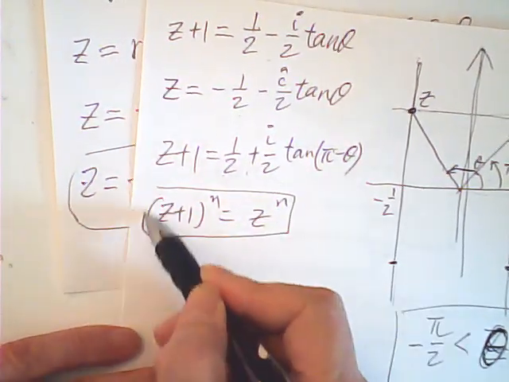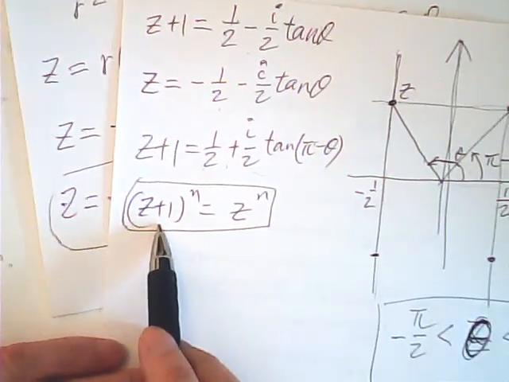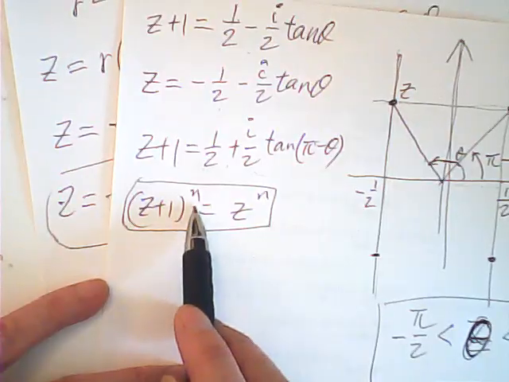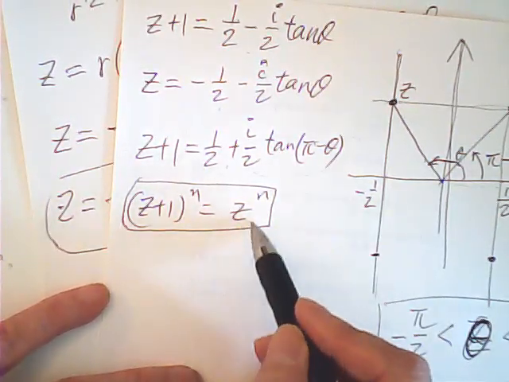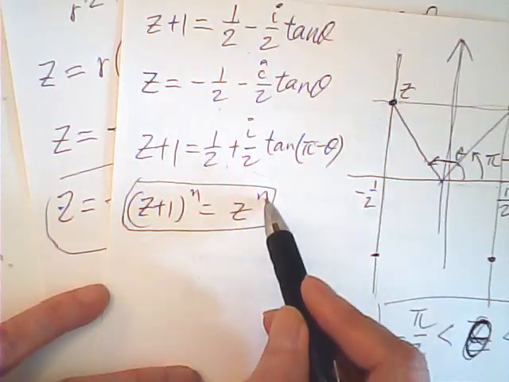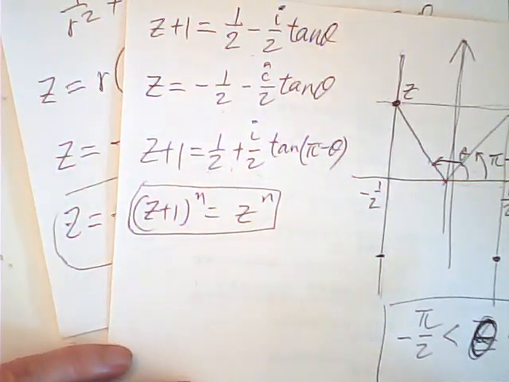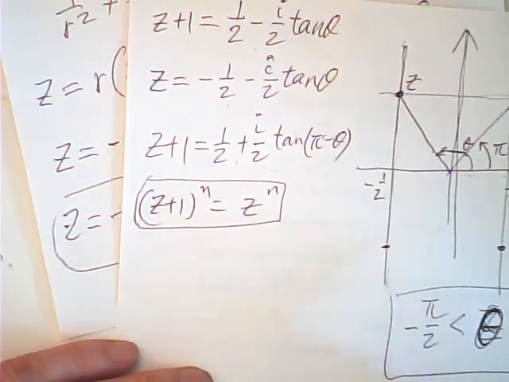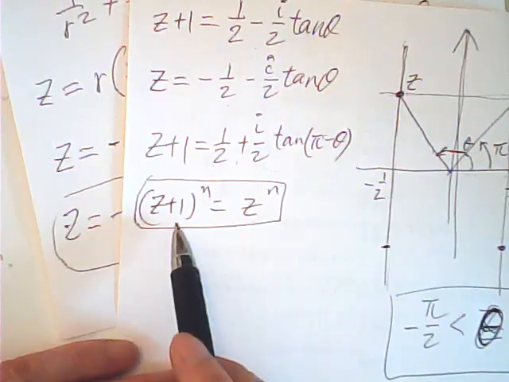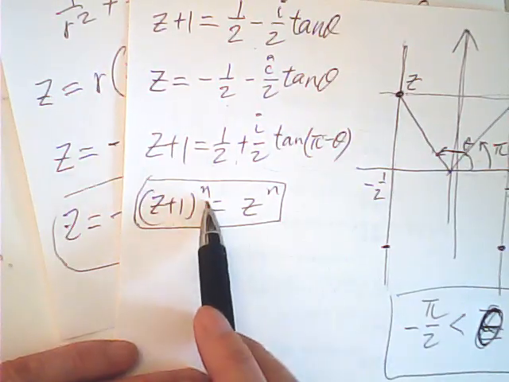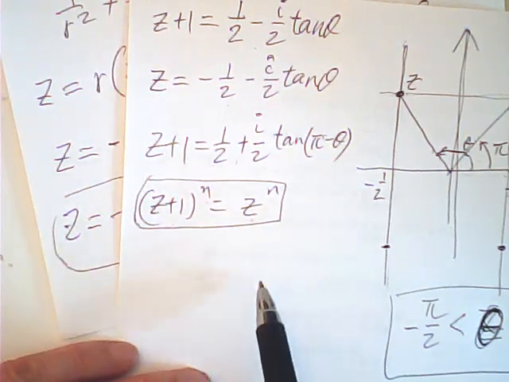It means that the argument of this complex number, taken n times, is equal to this argument taken n times. By de Moivre's theorem, right? The argument of this complex number times n is equal to this argument times n.